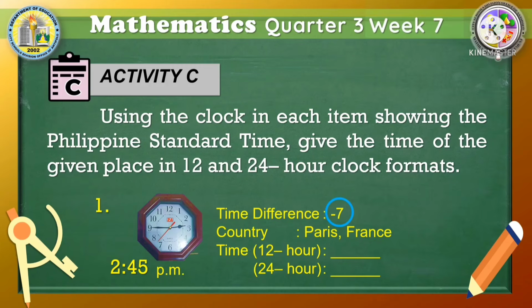In doing that, just add 12 hours more so it becomes 14:45 hours. You may now subtract 7 from 14:45 hours. And the answer is 7:45 a.m. That is in 12-hour clock format. While it's 07:45 hours in 24-hour clock format.